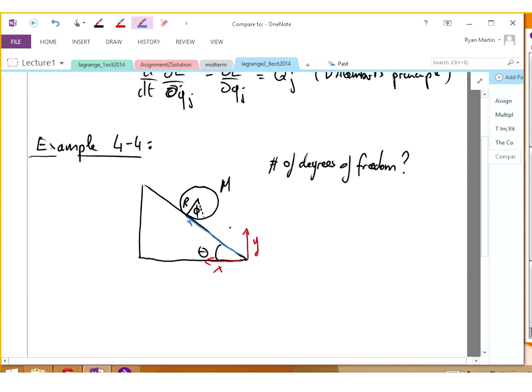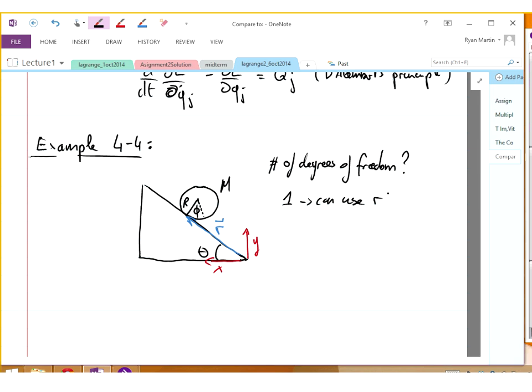So let me draw the vector r, the position of the hoop, as the position of the point of contact. There's only 1 degree of freedom, and you can use r.